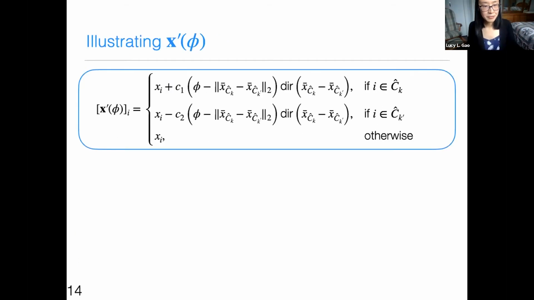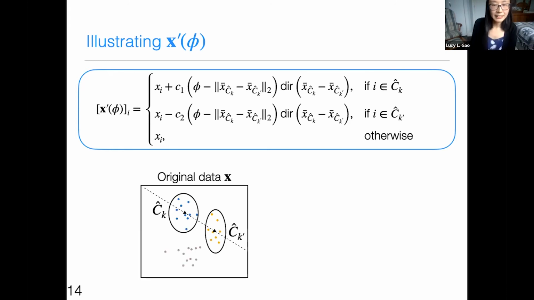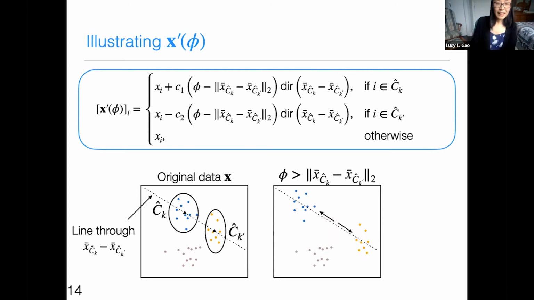So to get x prime of phi for a given phi, you're taking your original data, little x, and drawing a line through the empirical means of the two estimated clusters. If phi is larger than the distance between these empirical sample means, you're taking the observations in the estimated clusters C hat k and C hat k prime, and in a single piece, pulling them apart along the axis of that line.